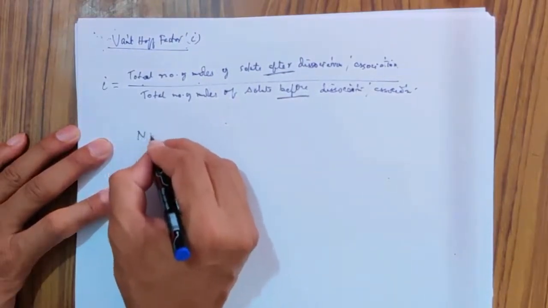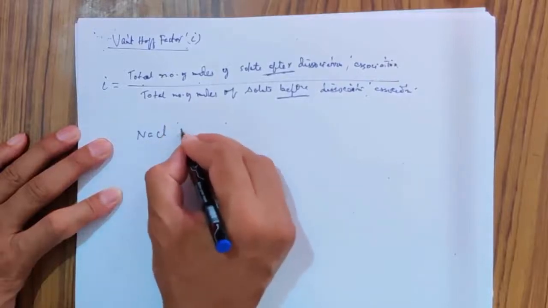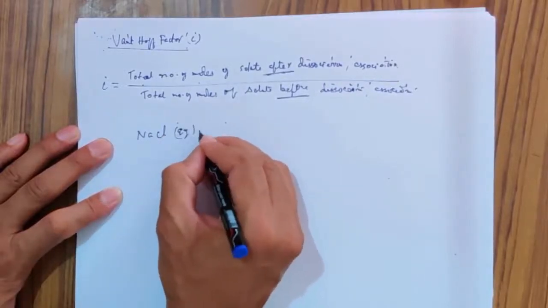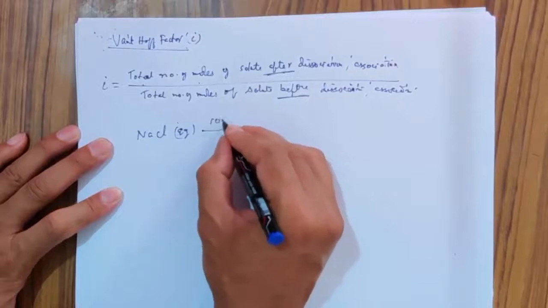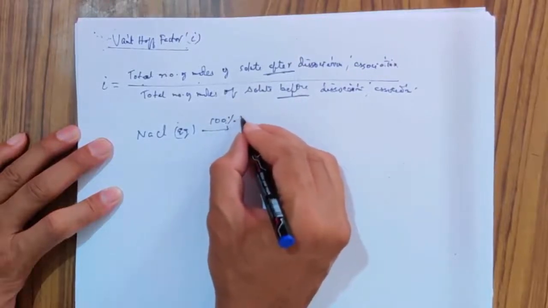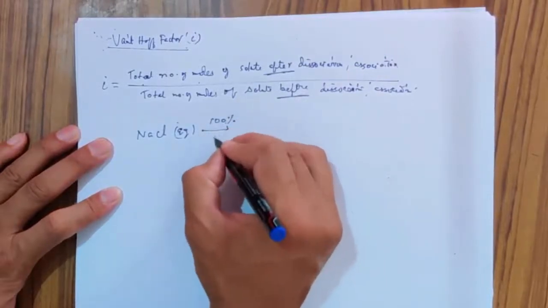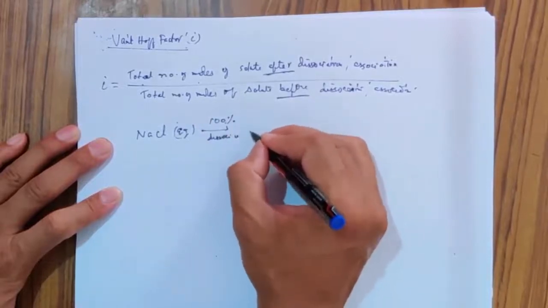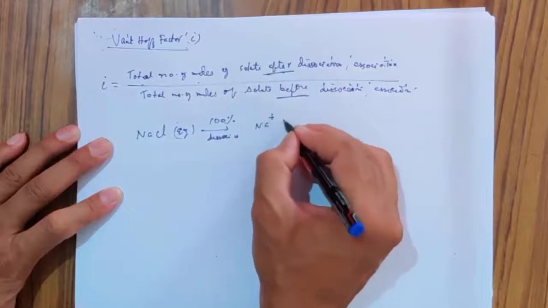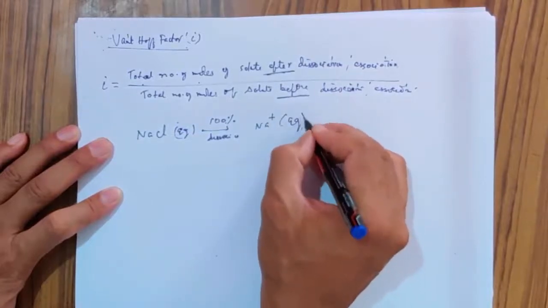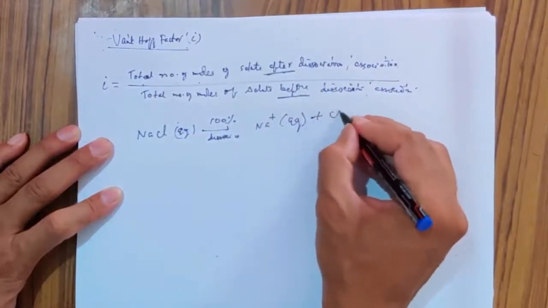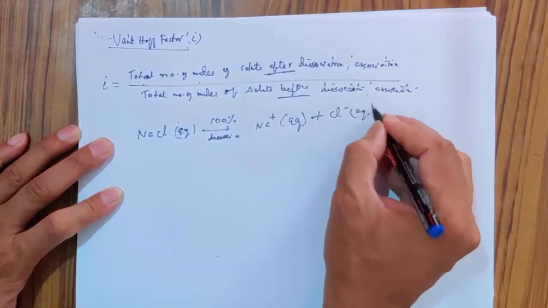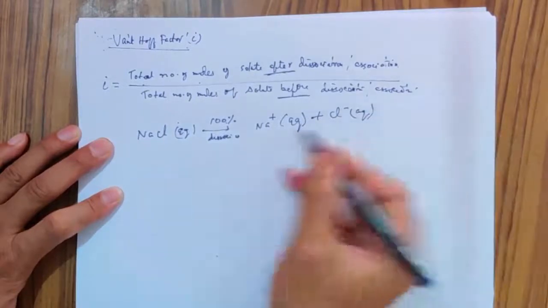Example, sodium chloride, NaCl. In aqueous solution, what happens? There will be 100% dissociation into Na+ ions, aqueous, and Cl- ions, aqueous.